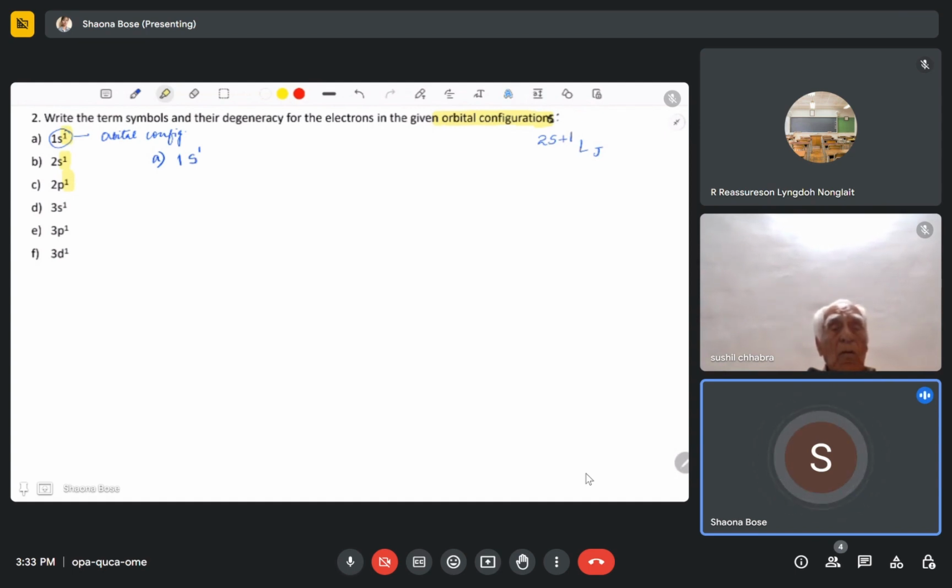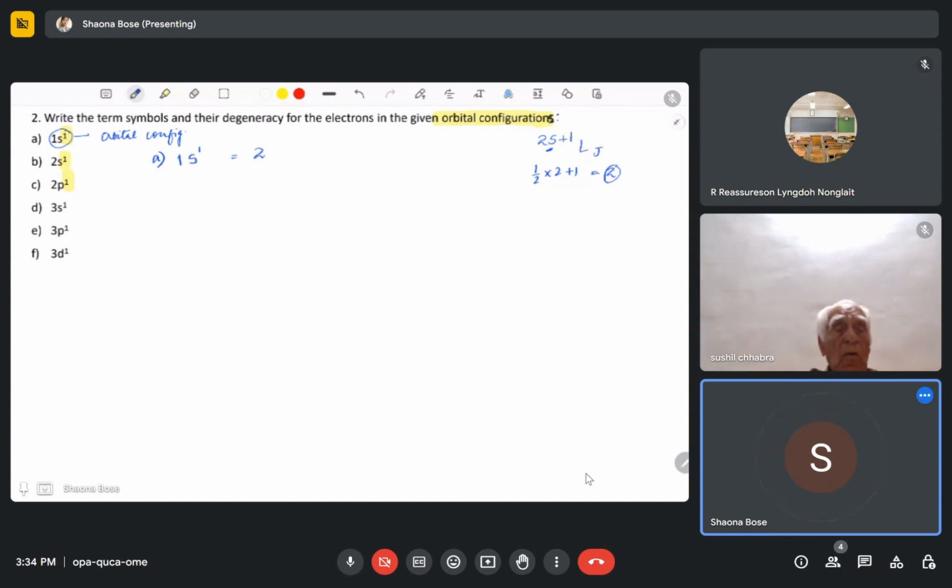Okay, fine, it's one electron. So what is the use of that? The use is here. Just half cross half cross 2 plus 1, that is 2. So for all of them, 2S plus 1 will be just 2, because there is just one electron. So 2.